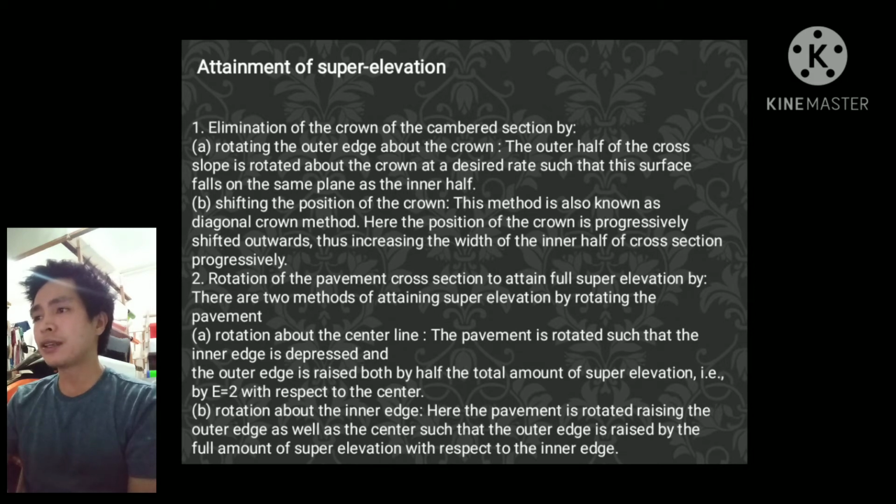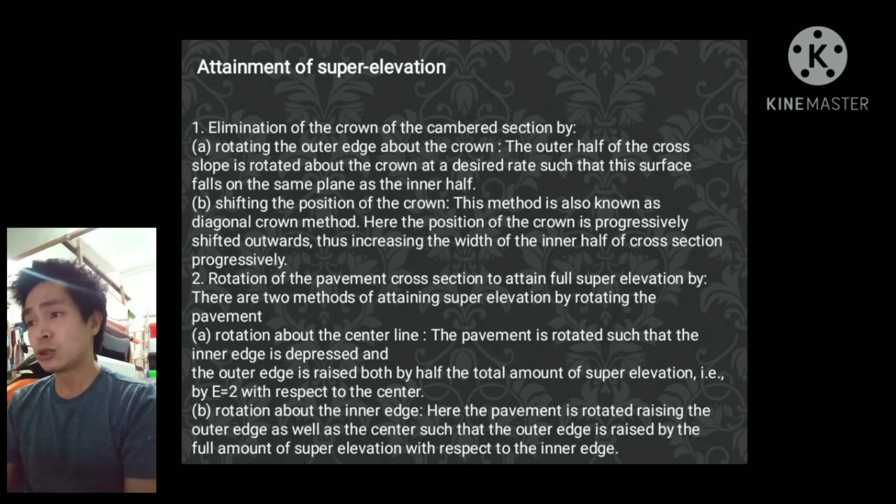B. Shifting the position of the crown. This method is also known as the diagonal crown method. Here the position of the crown is progressively shifted outwards, thus increasing the height of the inner half of the cross section progressively.